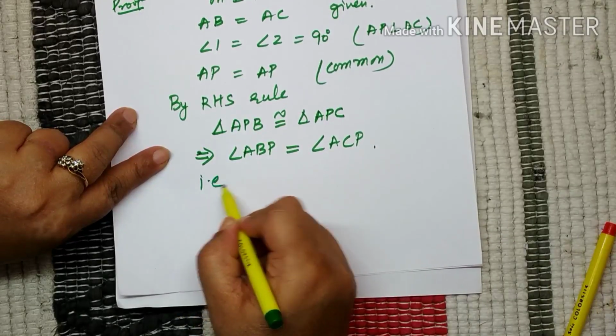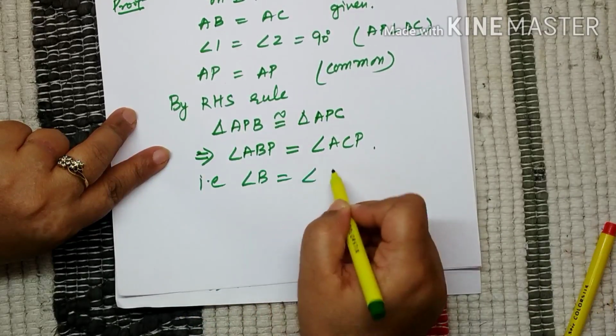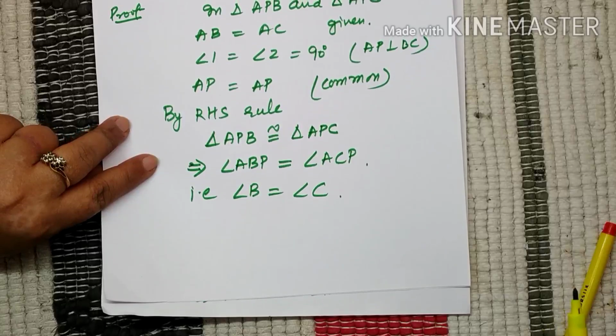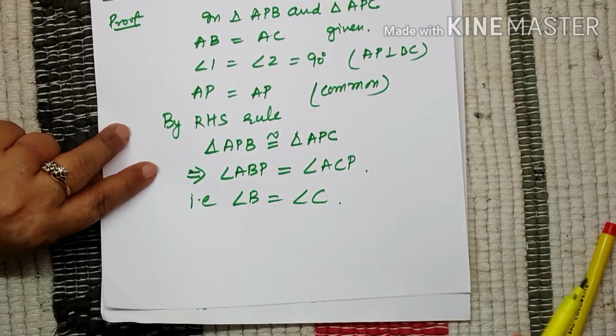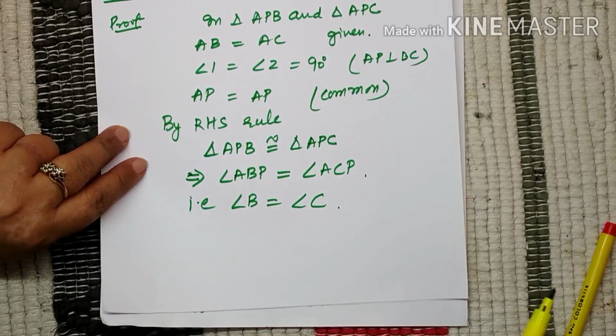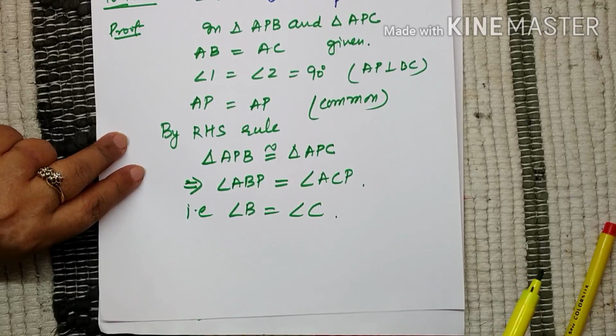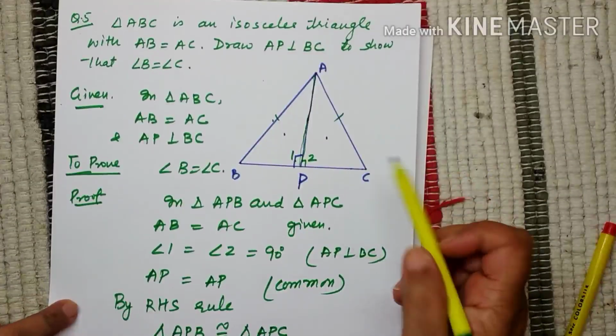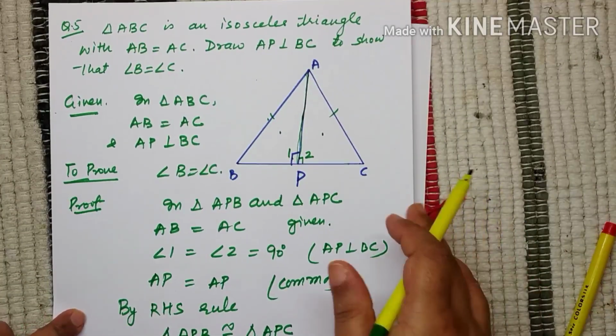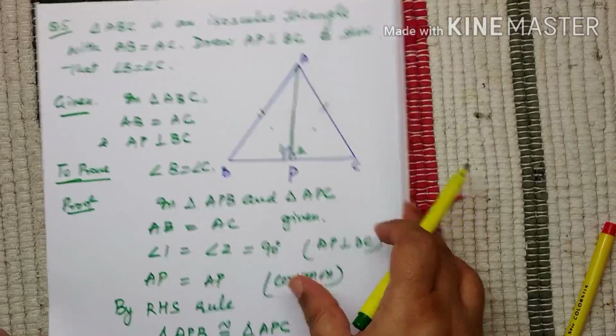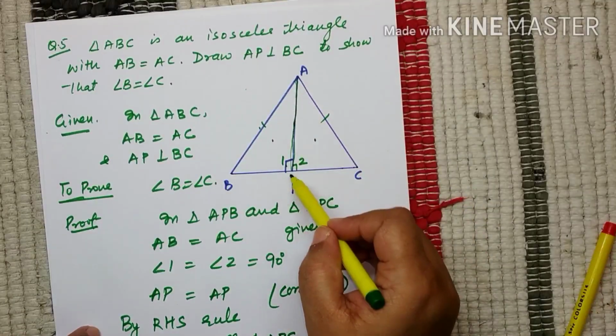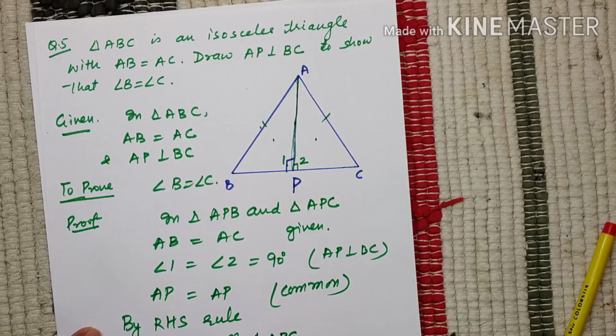That is angle B equal to angle C. This is what he was asking in this question, prove that angle B equal to angle C. So actually in the question we proved the isosceles triangle property, where the condition was given to us that AP is perpendicular to BC, you need to draw.